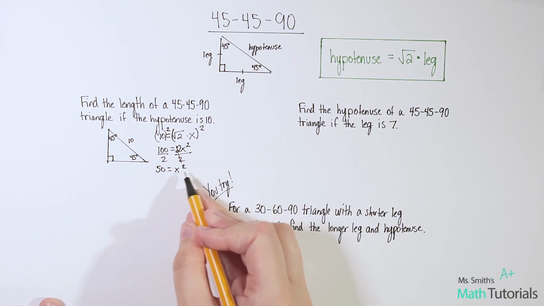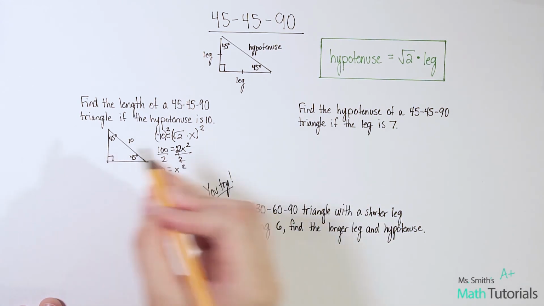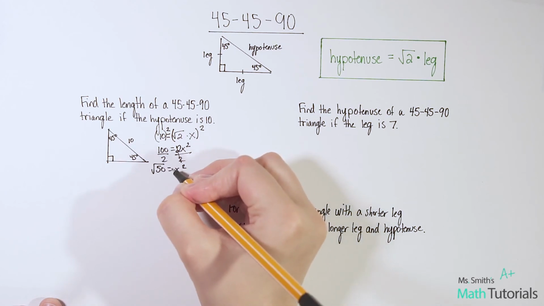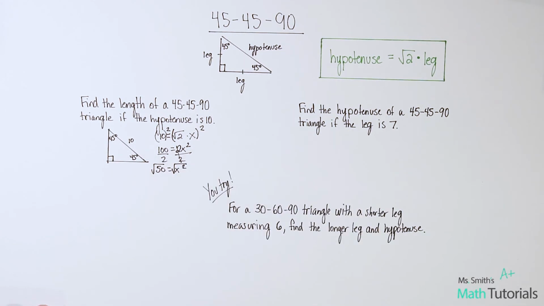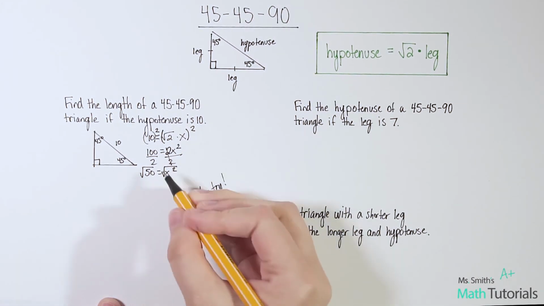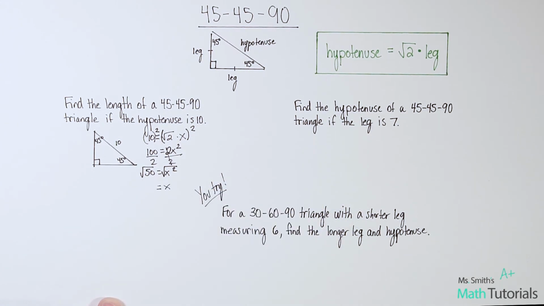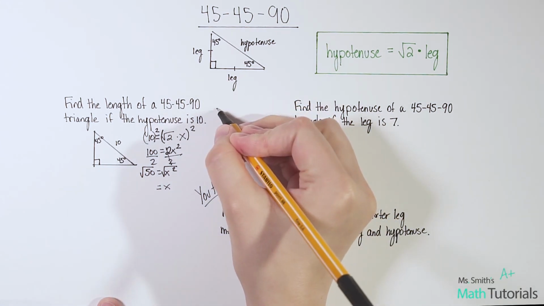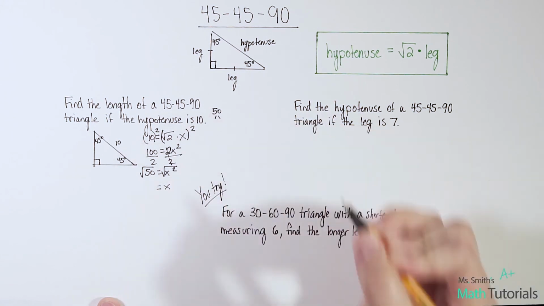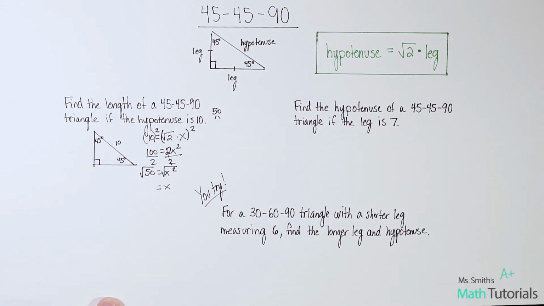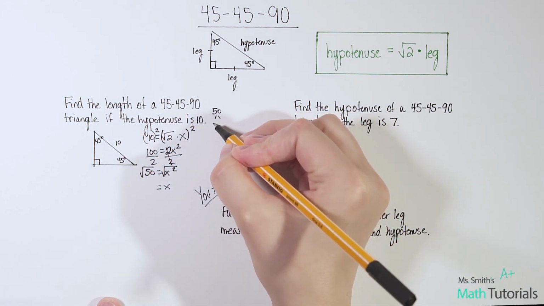But remember, I don't want to know x squared. I just want to know x, just one leg. So I do need to take the square root of each side. Now, we've got x alone, but I need to think, is 50 the most simplified form of that radical? And it definitely is not. So I want to do a breakdown up here. 50, and I think, what are two factors that go into 50? Any two. I would pick 5 and 10.